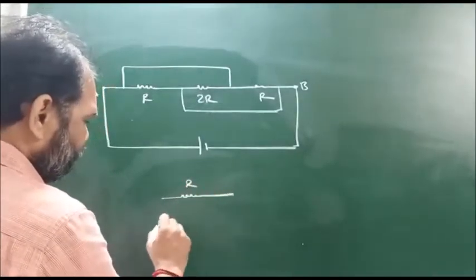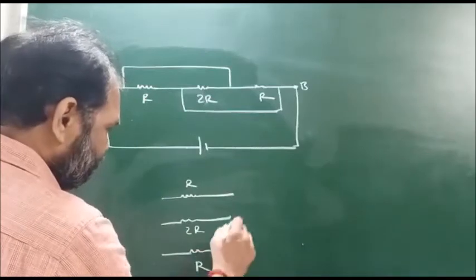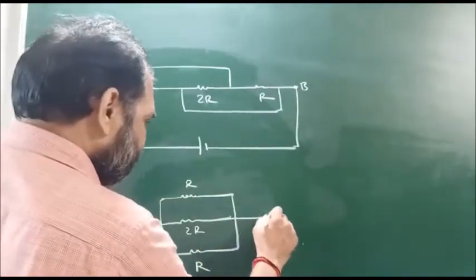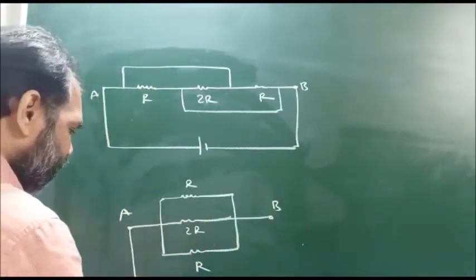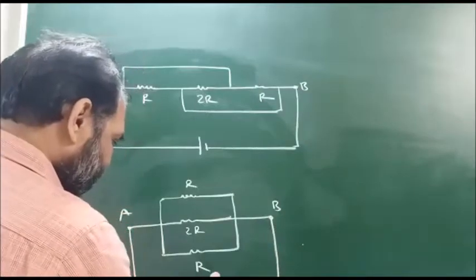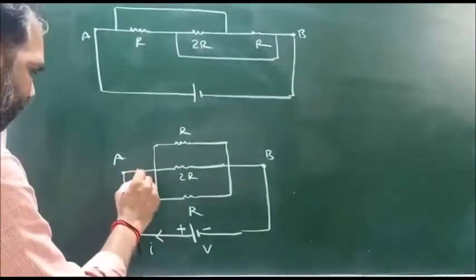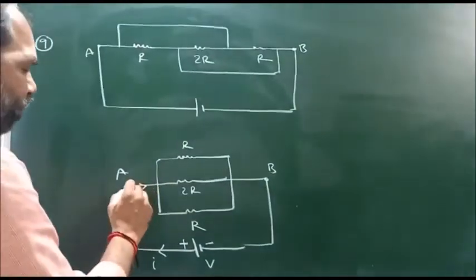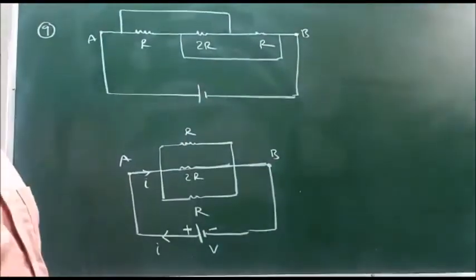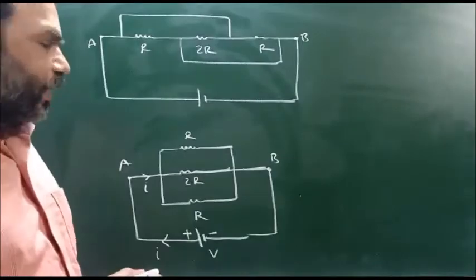Here R, 2R and R, all these three resistors are present in parallel combination between the terminals A and B. Here these two terminals are connected to a battery of potential difference V like this. Here this is the negative terminal, this is the positive terminal, that's why current can travel like this. Here the current must travel through 2R from A to B. That means the current through 2R travels from left to right, that is from A to B.